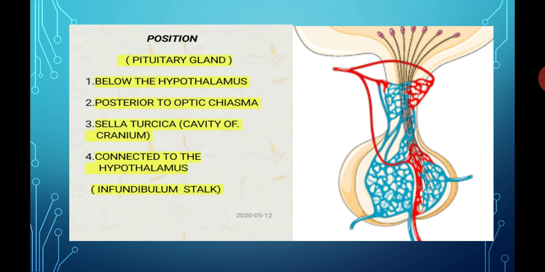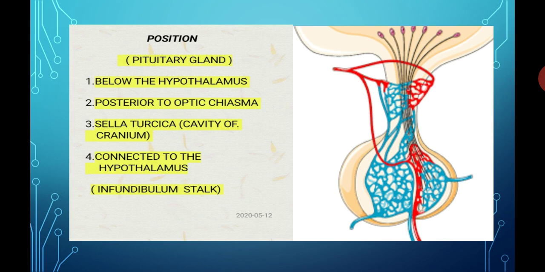It is lodged in the cavity of the cranium. That cavity of the cranium is called the sella turcica.